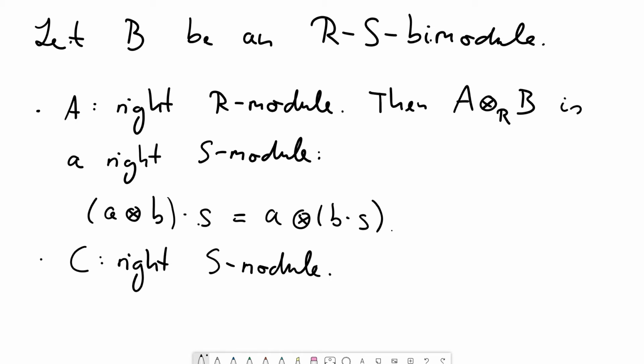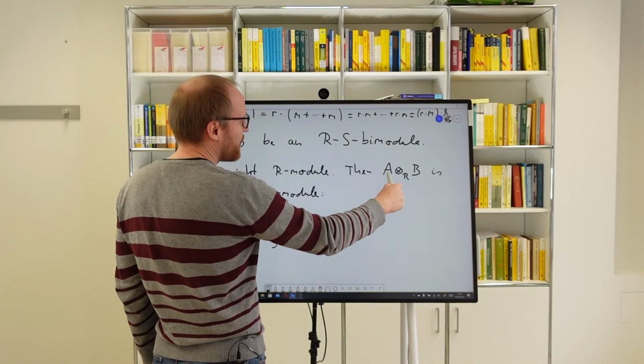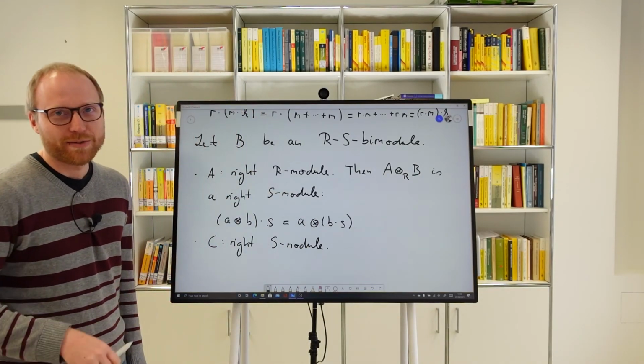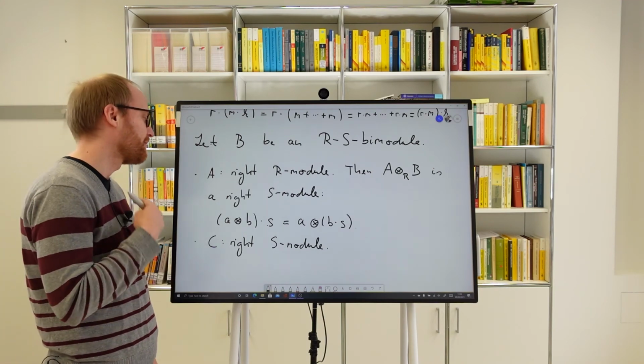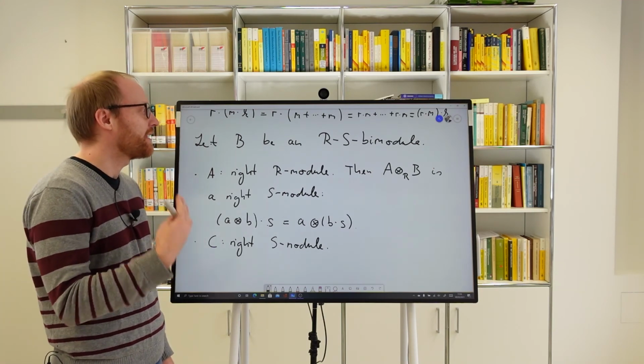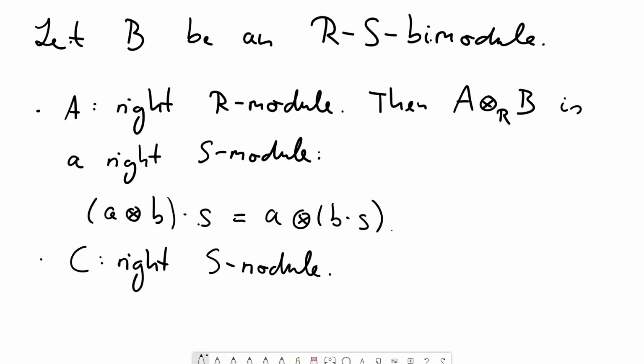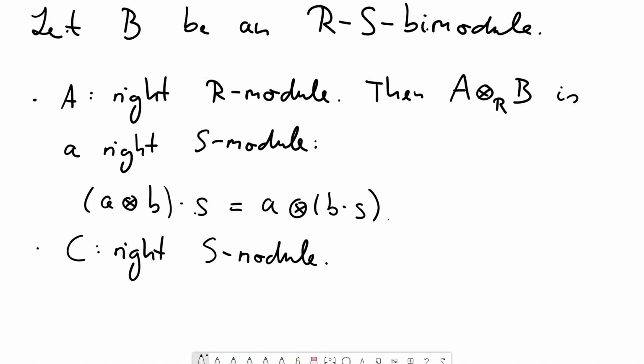For the tensor product, I have the situation that I could turn the abelian group into a right S module. And now remember, the video is called the Tensor-hom adjunction. So the corresponding or dual statement is for the Hom functor. I can define now a right R module structure on the Hom sets from B to C. So this is the following statement.